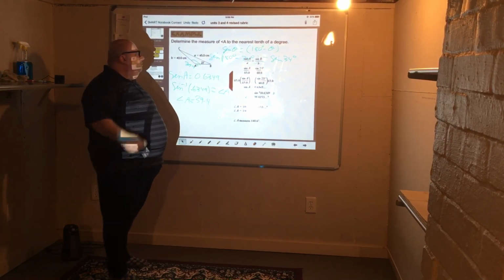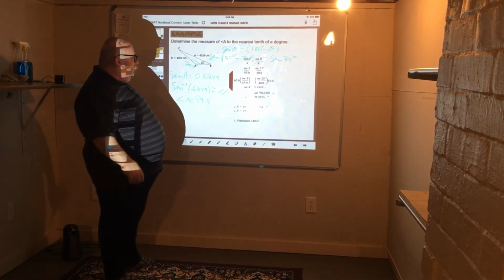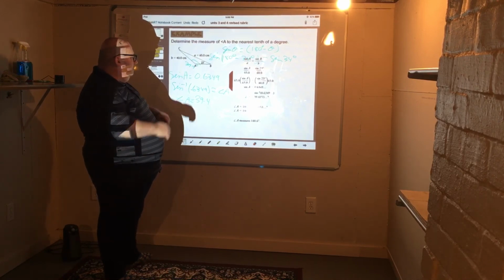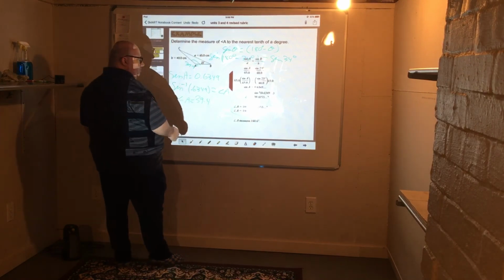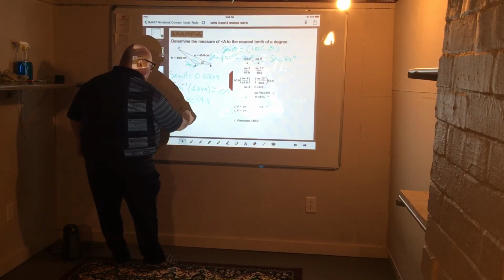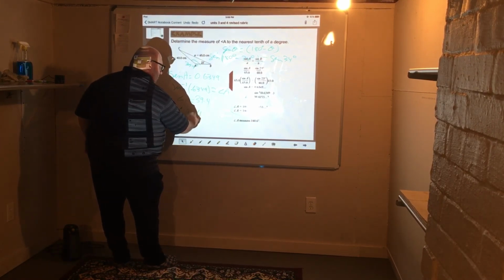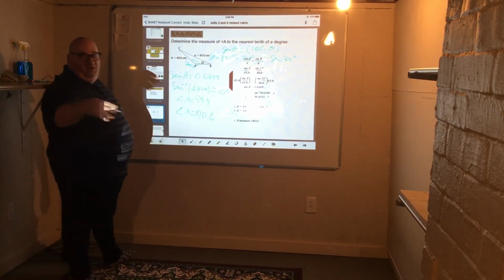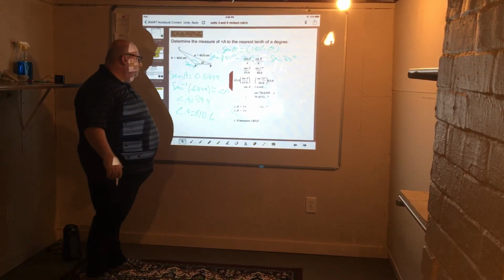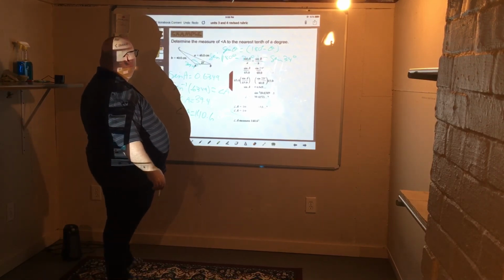Okay, so 180 minus 39.4 leaves us with our other angle of angle A being 140.6, rounded to the nearest tenth.